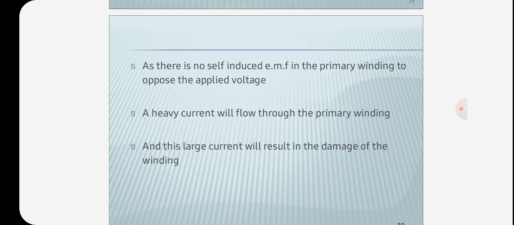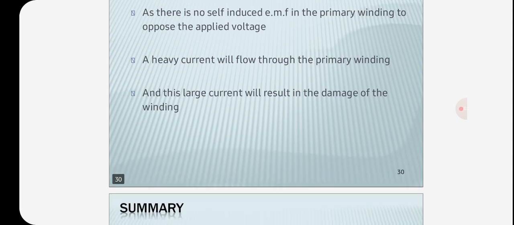As there is no self-induced EMF in the primary winding to oppose the applied voltage, a heavy current will flow through the primary winding, and this large current will result in damage to the windings. That's why we never use DC supply for transformers.